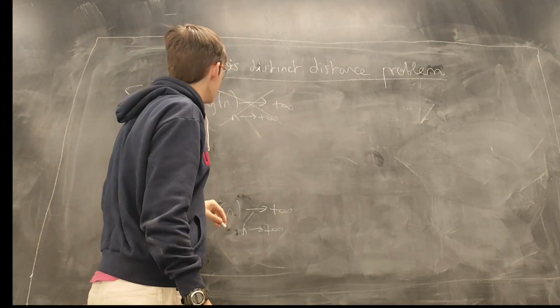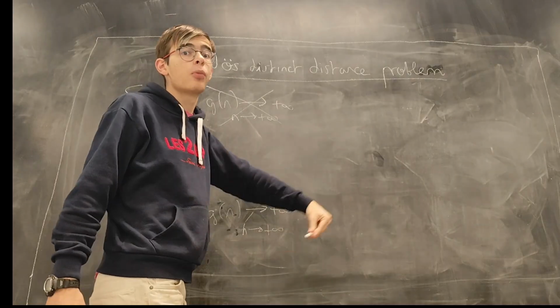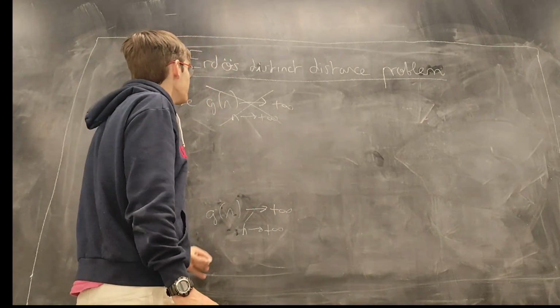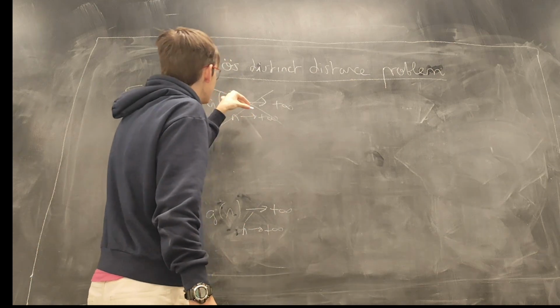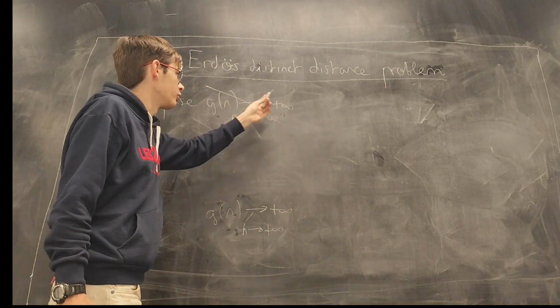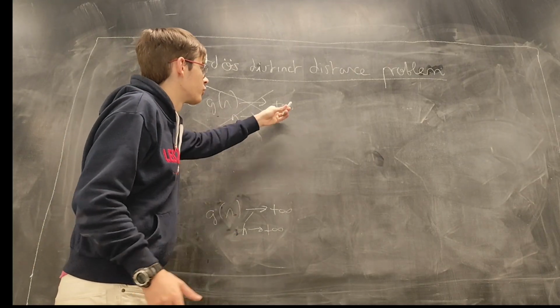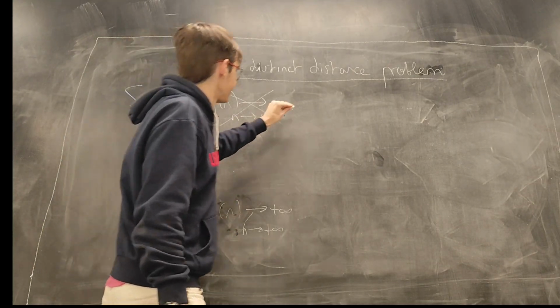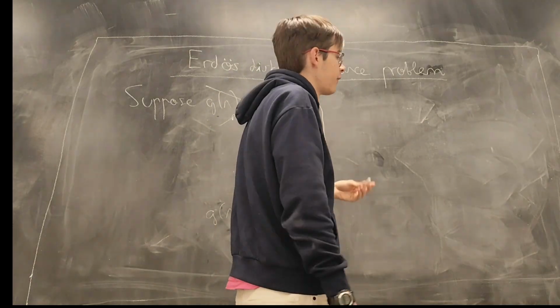Well, that means, since g is an increasing function, that at some point it must be stationary, right? Because an increasing sequence like this must either have a limit when n goes to infinity, or it must grow unbounded. So since it does not grow to infinity, it must have a finite limit.